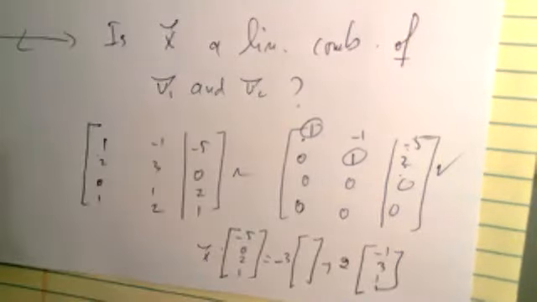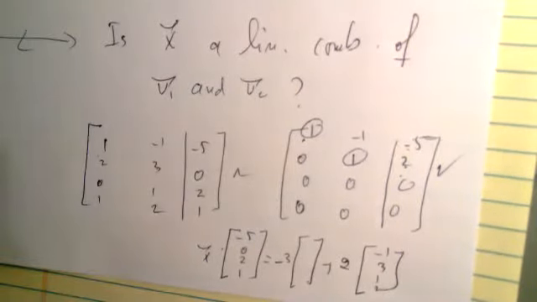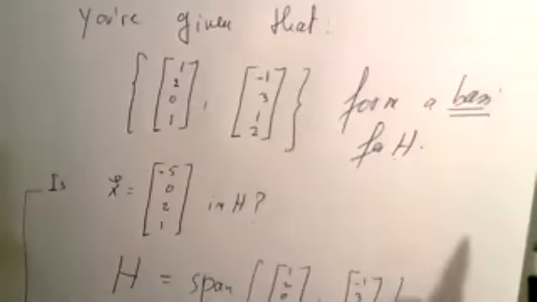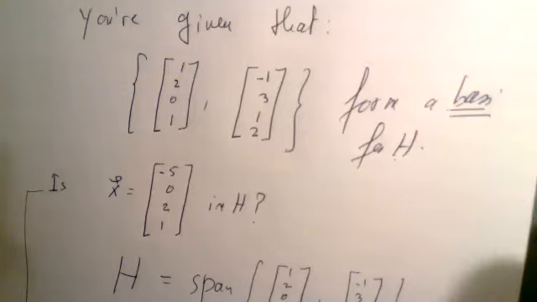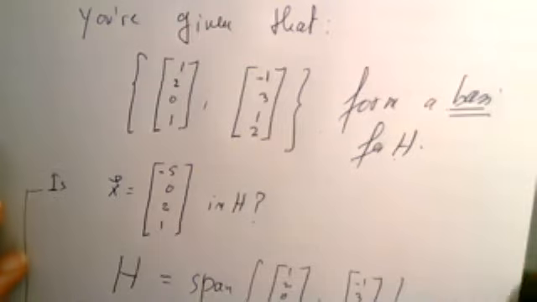So this vector is in H. So the point here, as I said, is that giving you the basis gives you everything you need about your space. That's really the extreme importance of the idea of a basis.